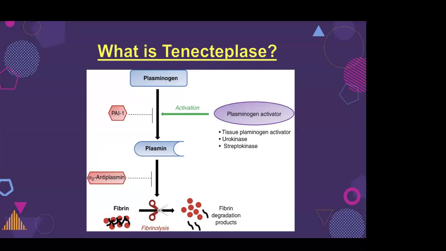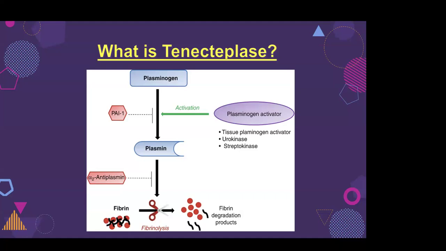So I'm going to start with the very basics, just at the molecular level. What is tenecteplase? So a very simplified version of this flowchart. As you can see, the tissue plasminogen activator, most commonly we all know by TPA or alteplase, helps in the activation of plasminogen to plasmin, which in turn degrades the fibrin into fibrin degradation products.